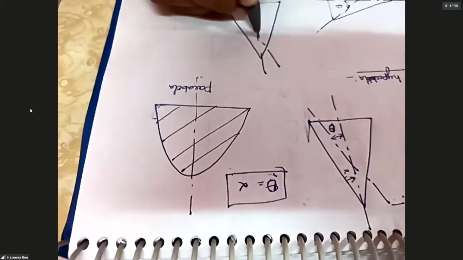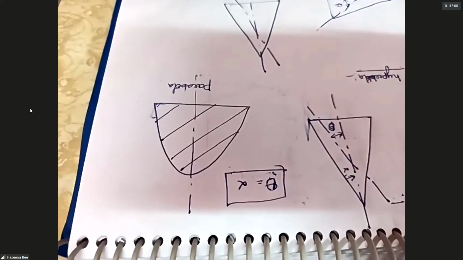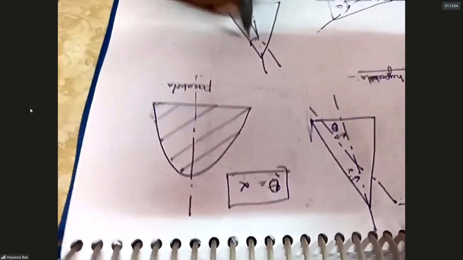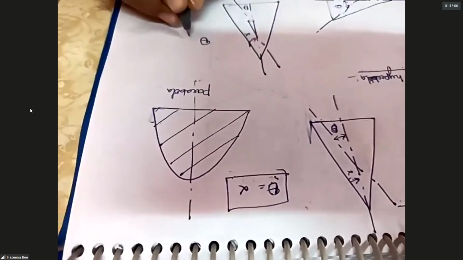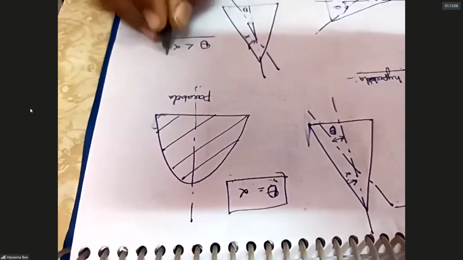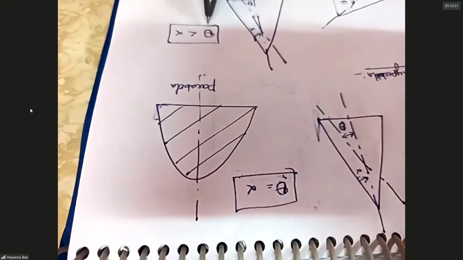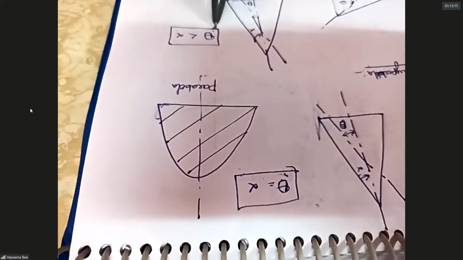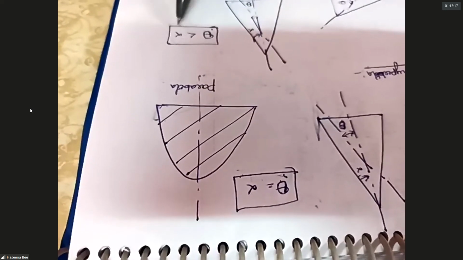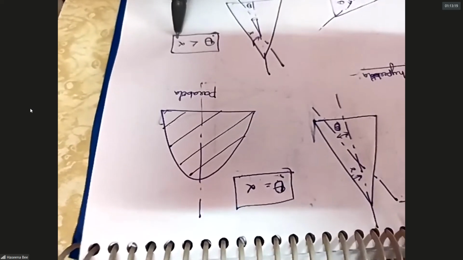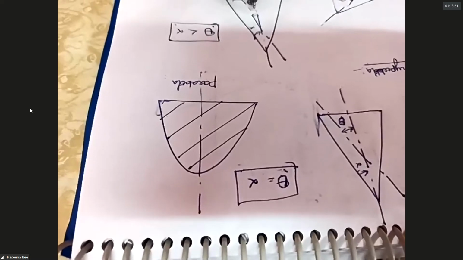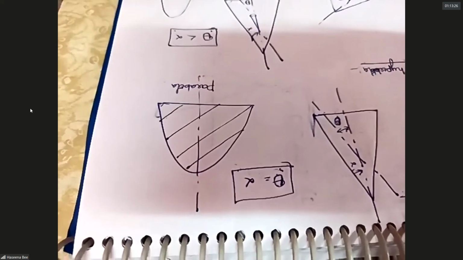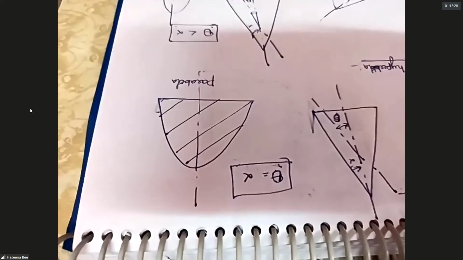When the cutting plane makes an angle of theta, and this is alpha, when theta is less than alpha, that is, when the angle of the cutting plane is less than half of the apex angle, the curve formed by the cone is known as a hyperbola.